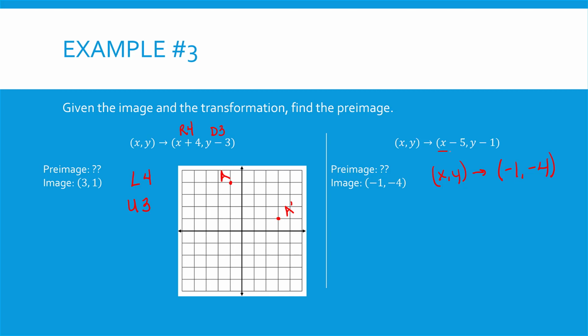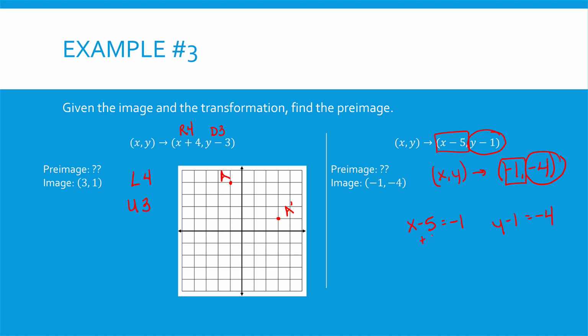So this here is going to equal this here because they're in the same spot of that transformation. So x minus 5 equals -1. And we're going to do the same thing with the y, that second position. y minus 1 equals -4.